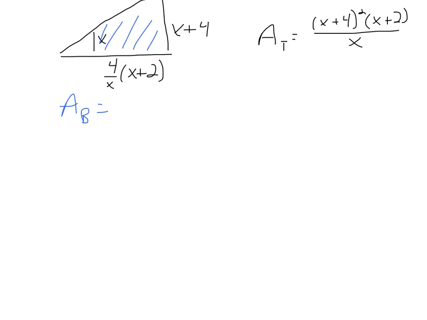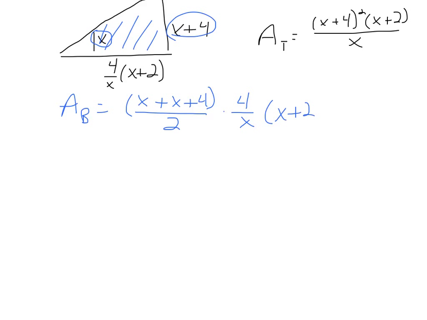The trapezoid says it's the average of the one height and the other height. So it's x plus x plus 4 divided by 2. That'll give us the average there times the base. The base is our 4 over x times x plus 2.